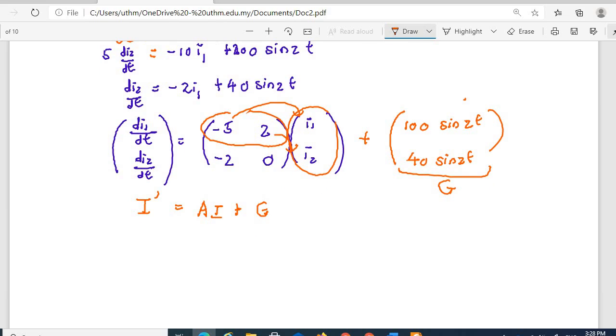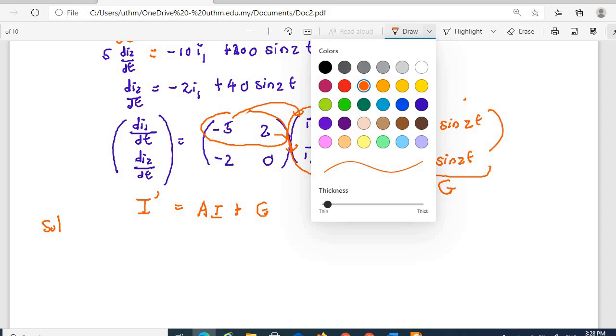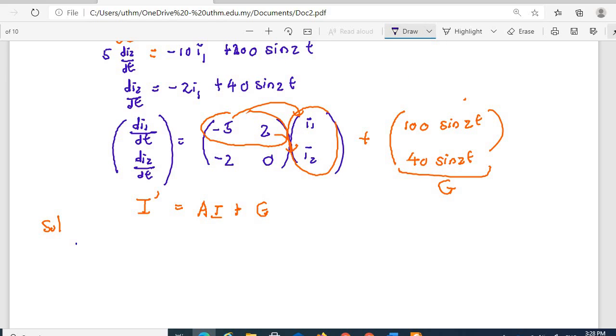To solve that non-homogeneous system, as what you have learned, you have to solve the homogeneous system first. So with your solution, first step, solve the homogeneous system.